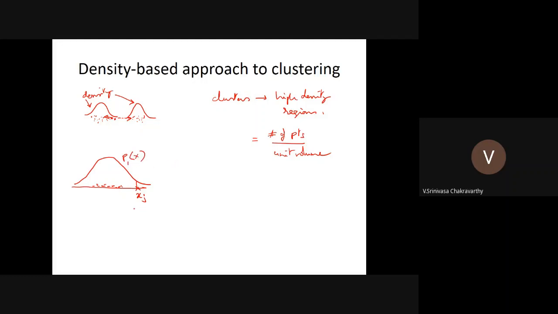Now if I just calculate P1 of xj, if you evaluate this function at xj, it's a small number. So you can confidently say that xj doesn't belong to this cluster to a great extent. It's somewhere in the outlying areas.